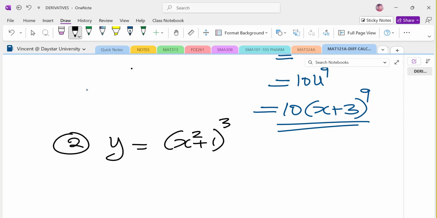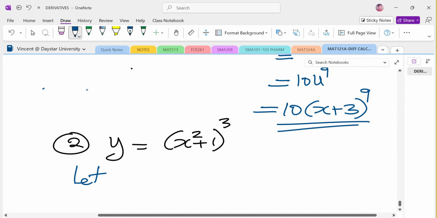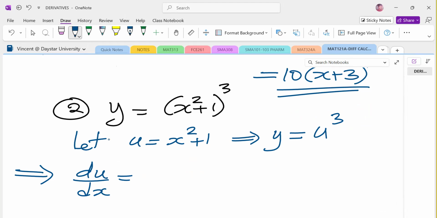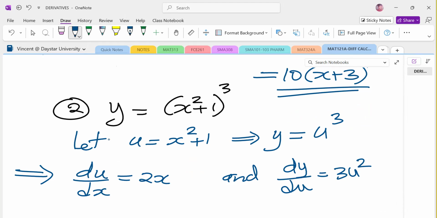So we let u be x squared plus 1, which implies y will now be u power 3. Then with this choice, what will be du dx? 2x, and then dy du, 3u squared. This is just power rule.